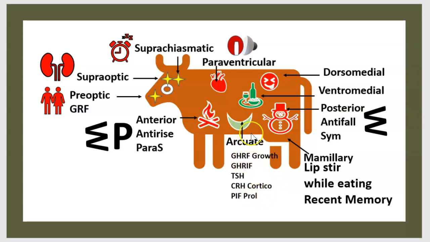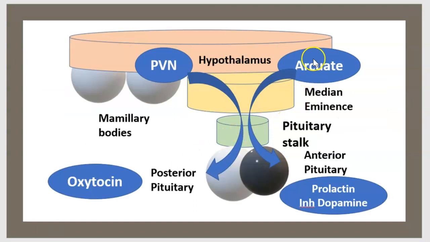Most of the factors coming from arcuate go to the portal system to the anterior pituitary. Remember, arcuate, anterior pituitary.